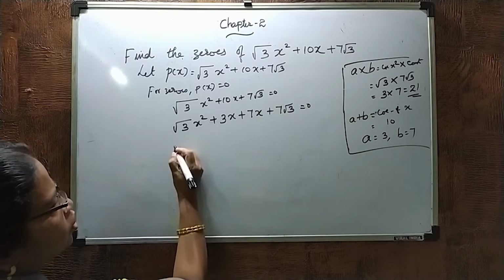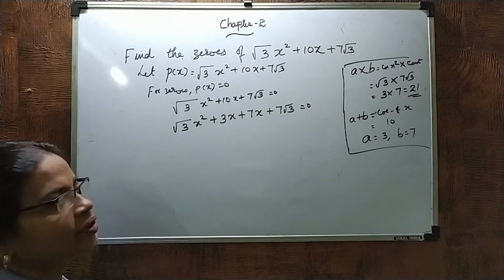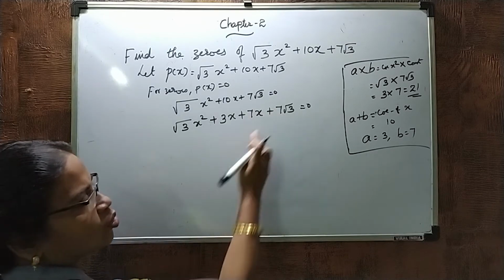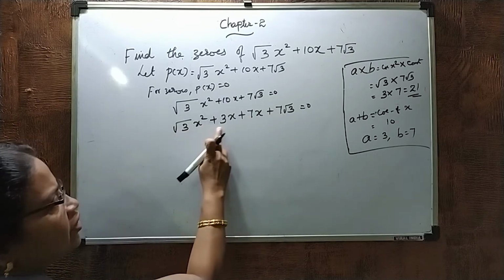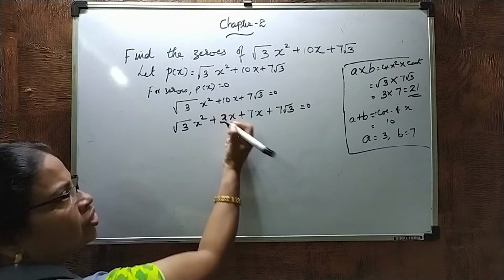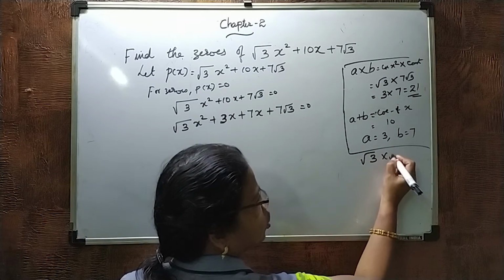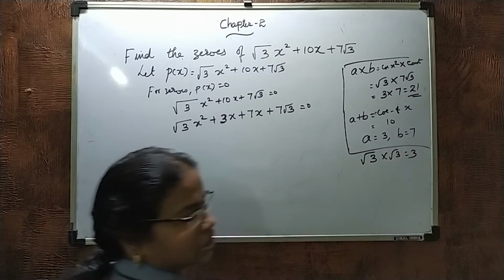So here just look, here 3 and root 3 is there. How does it become common? Here 7 is common for both of them, but here root 3 and 3. So make this 3 as root 3 into root 3. Root 3 into root 3 is equal to 3.